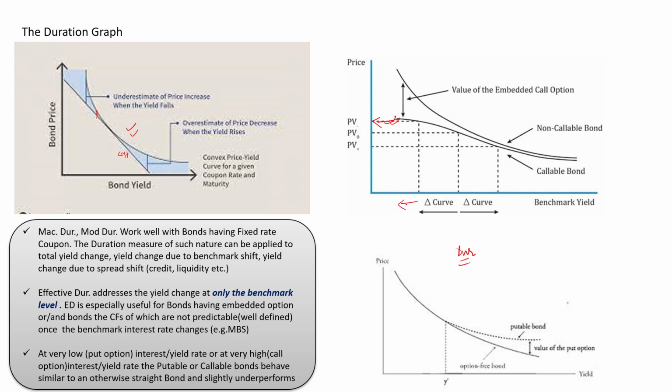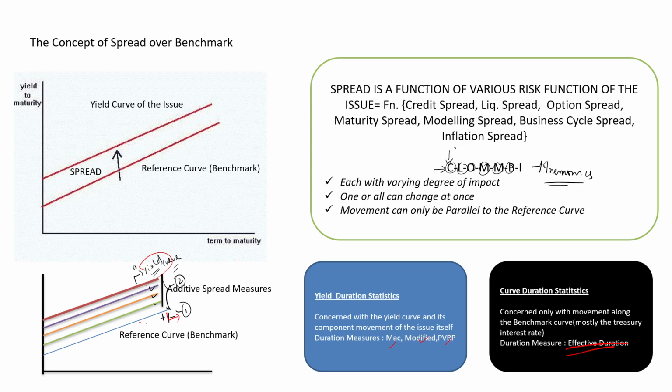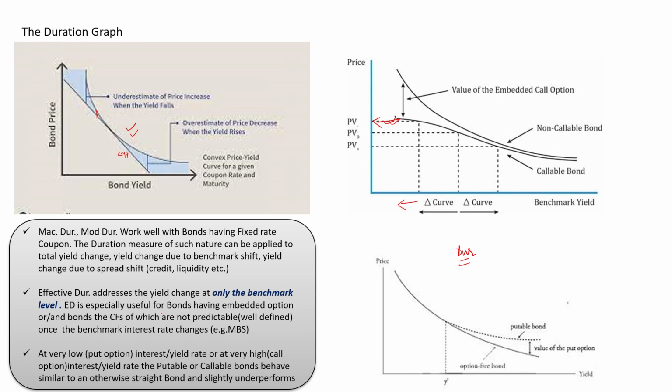So in such a situation, we focus more on the reference curve, right? Because the reference curve is unaffected by the movement of the interest rate, other than what has been defined in the duration measure of the treasury securities itself, because there is no concept of embedded option in that.